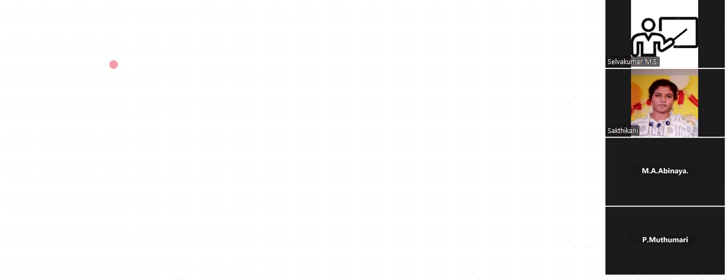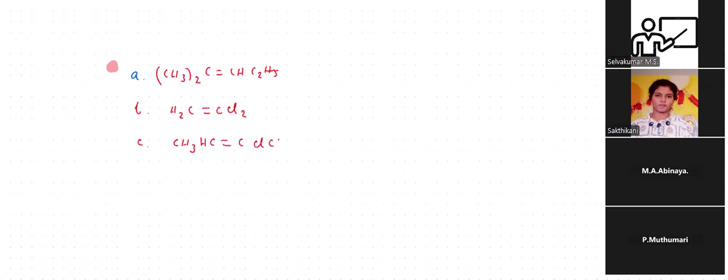A: (CH3)2C=CH-C2H5. B: H2C=CCl2. C: CH3HC=CClCH3. D: HClC=CH2.